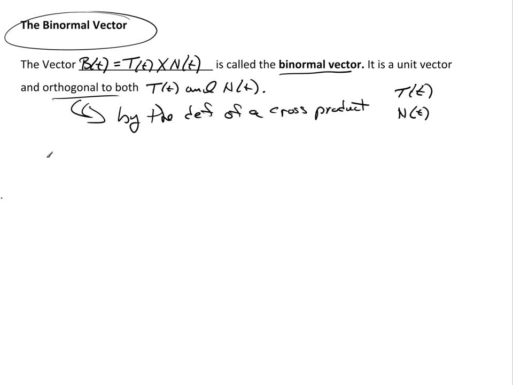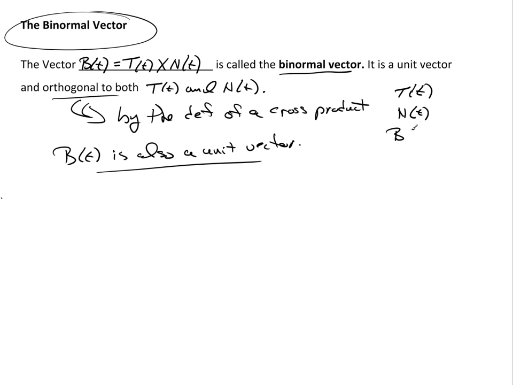That's what we're getting here, the same sort of thing. I can also say then that clearly, because of the cross product, b of t is also a unit vector. So when I add b of t to the trio here, all three of those are in fact unit vectors, and they're kind of special unit vectors.